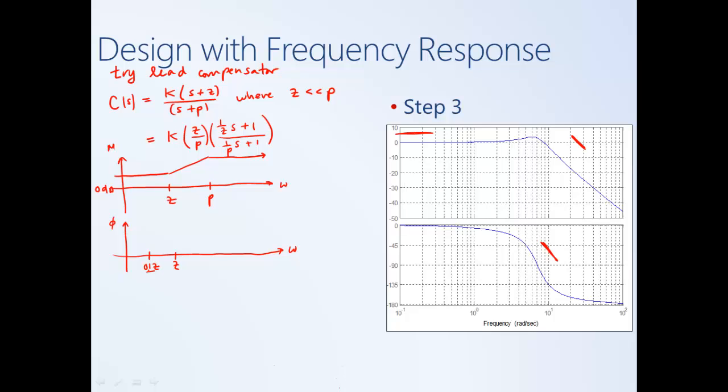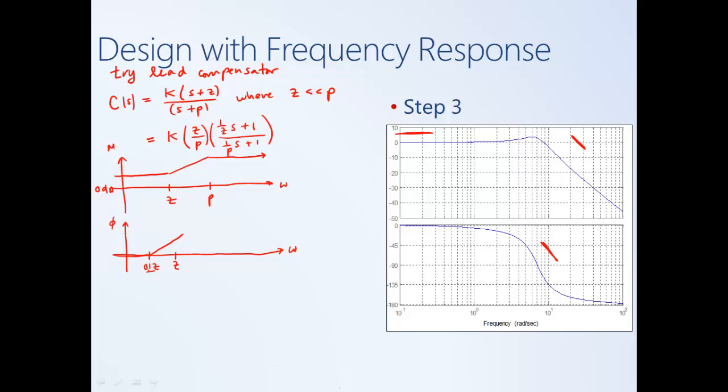So at 0.1 Z, we go from flat, and then we ramp up, and eventually we'll either stop at 90, which we approximate as happening 1 decade after the break, so at 10 times Z, or it will level off once the pole comes in.